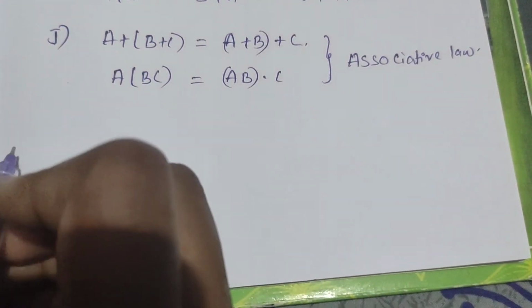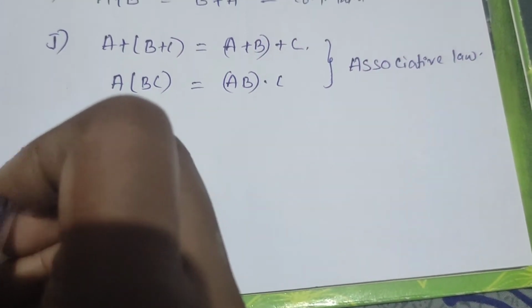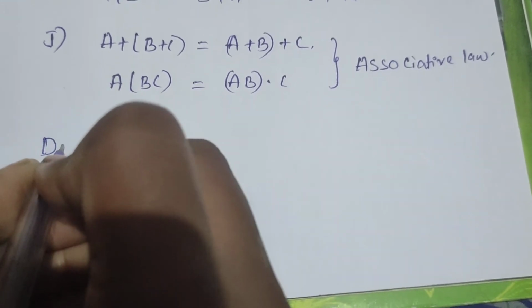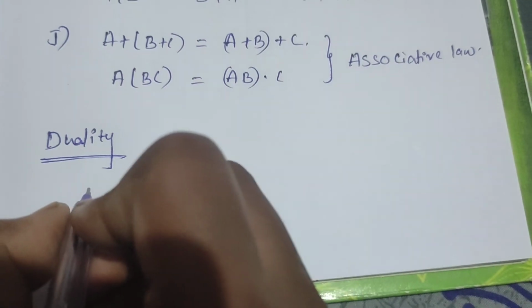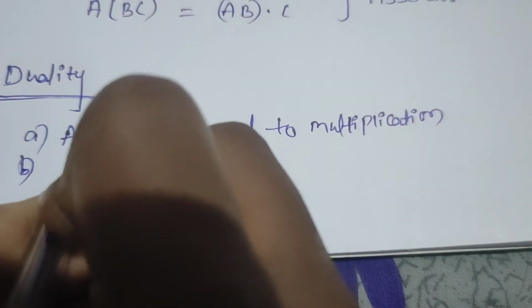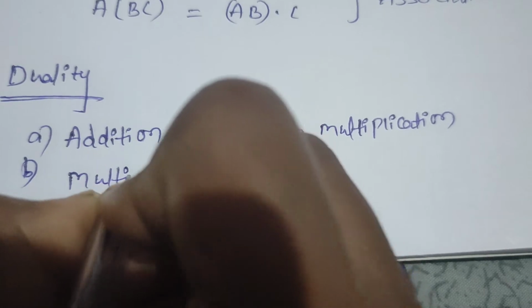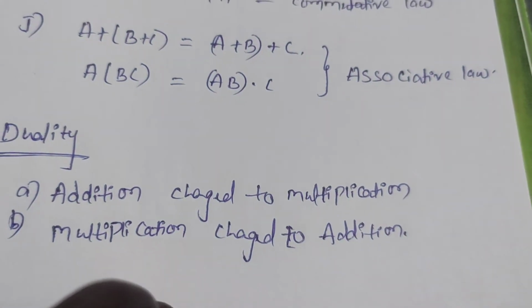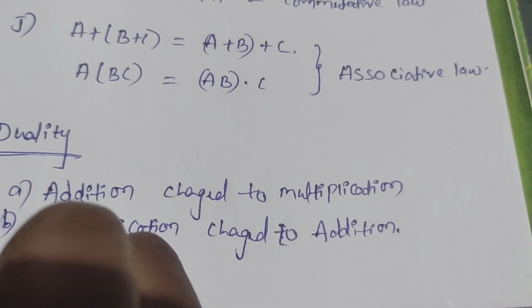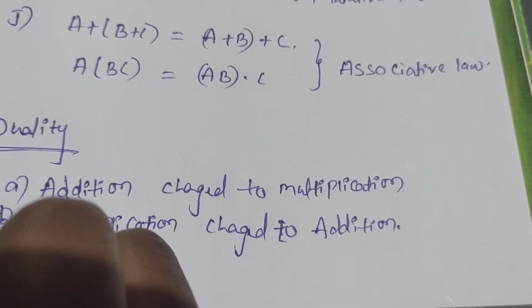And the most important rule of Boolean algebra is duality. This duality theorem states that addition is changed to multiplication and multiplication is changed to addition. This is done when complement is used.